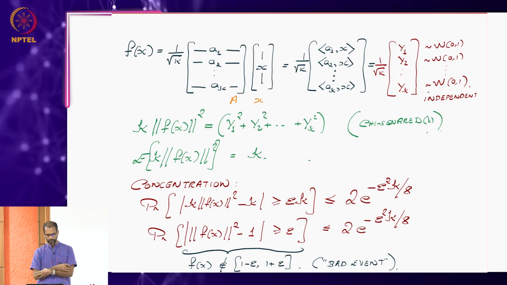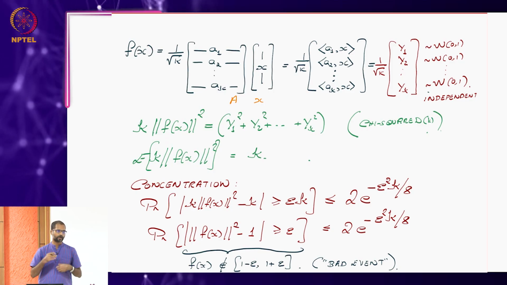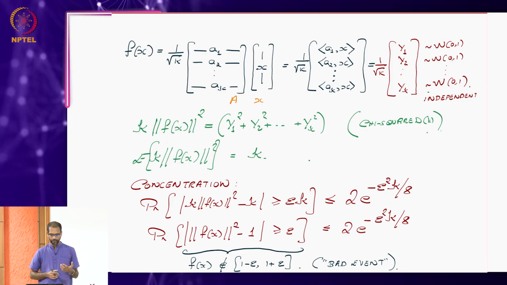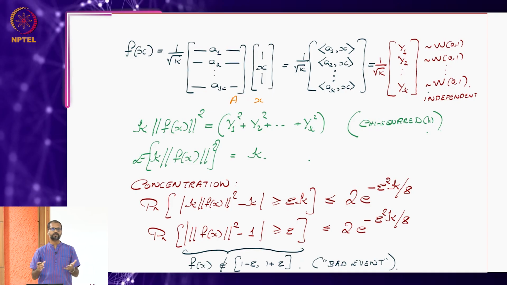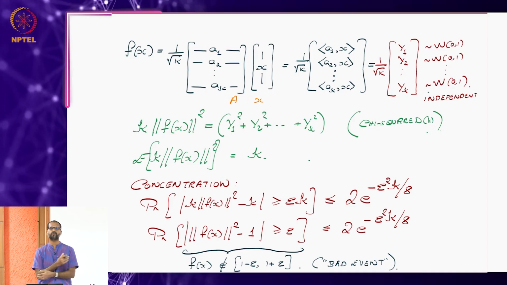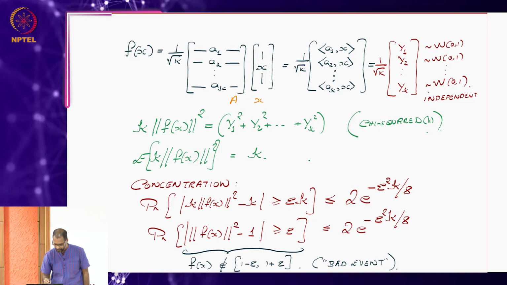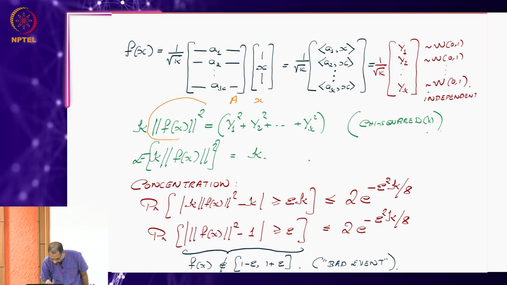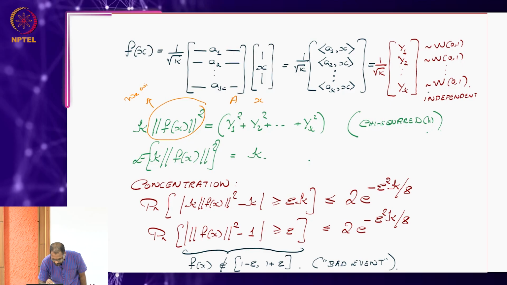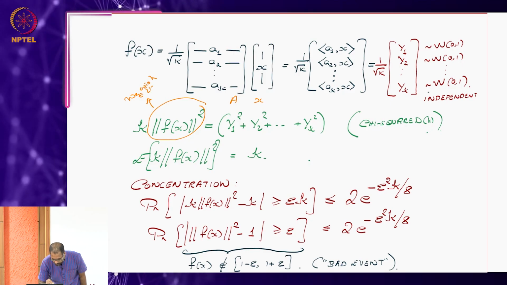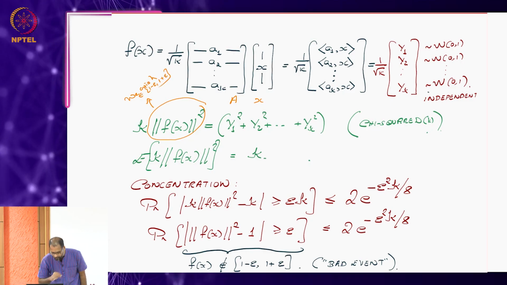So, now we are ready to study what we wanted to study. We wanted to study the norm of f of x squared. That is what we want to be inside a window of 1 minus epsilon, right, and we wish that this is an element of 1 minus epsilon, 1 plus epsilon.